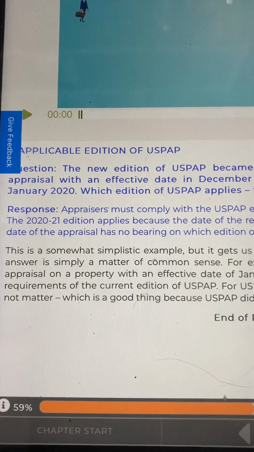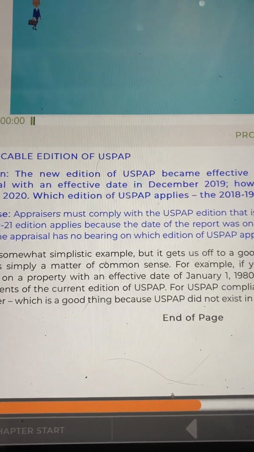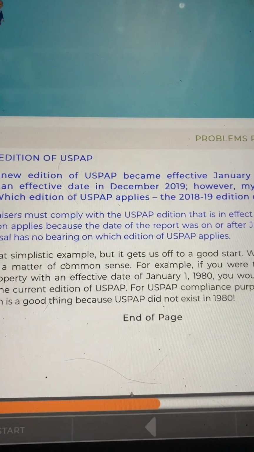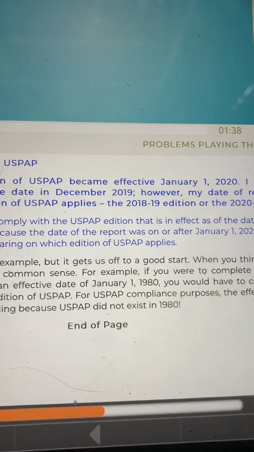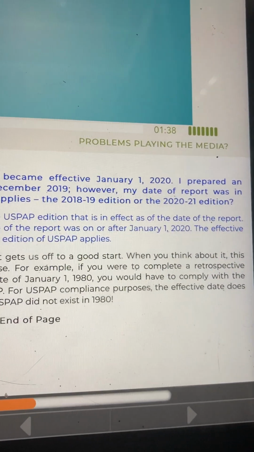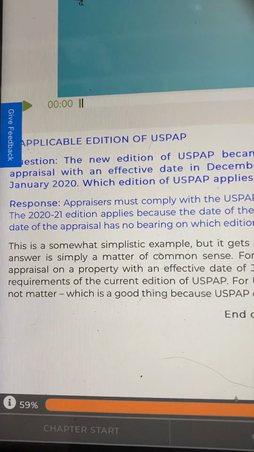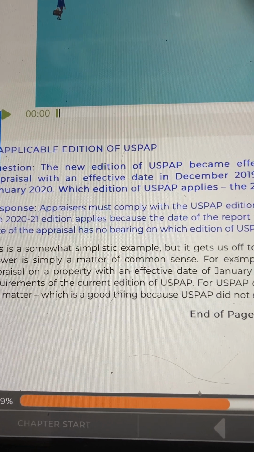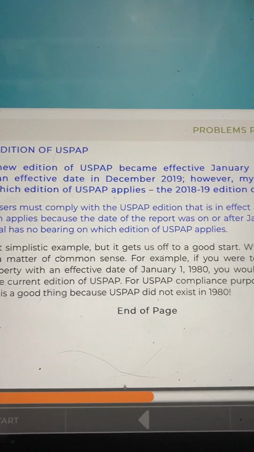This is a somewhat simplistic example, but it gets us off to a good start when you think about it. This answer is simply a matter of common sense.